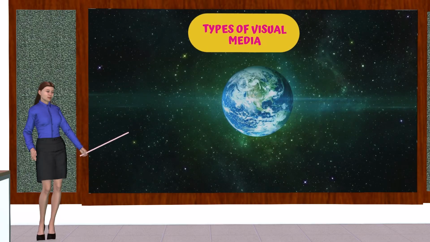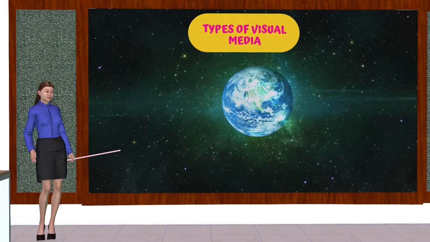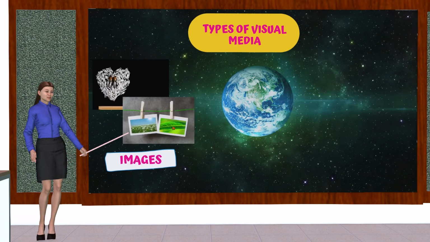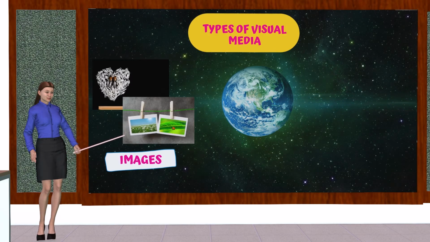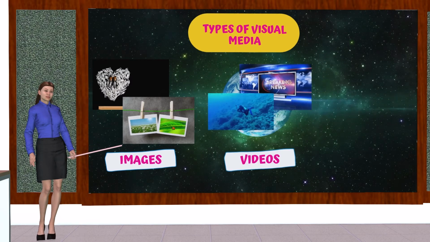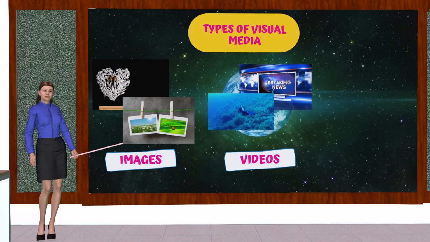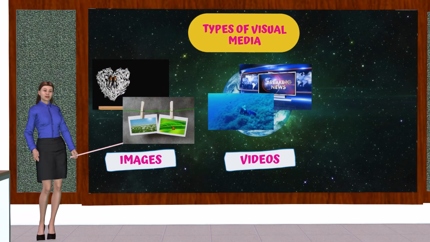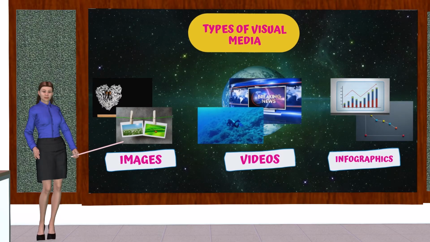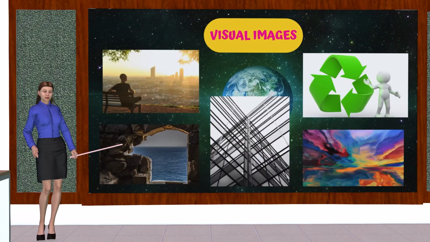There are three types of visual media, and these are the following. The first one are the images. The second one are the videos. And the third type of visual media are the infographics. Now for today's lesson, we will focus on the visual images.